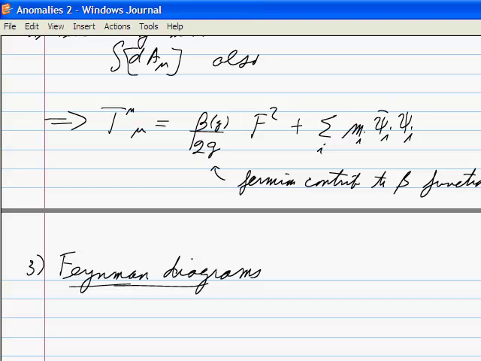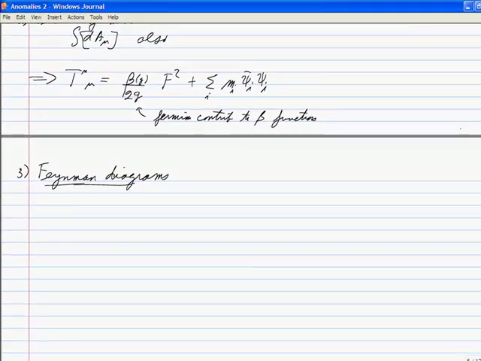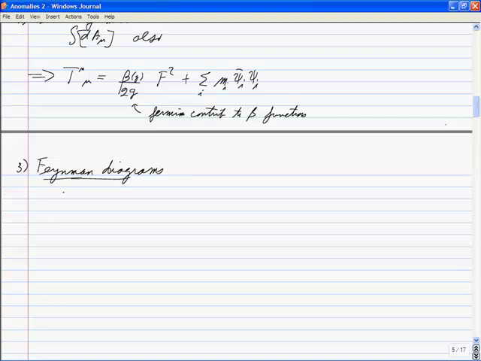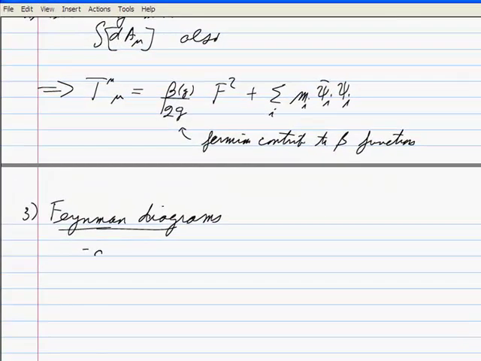So in plain old Feynman diagrams, what ends up happening? There's actually two related effects. I'm going to here use dimensional regularization.